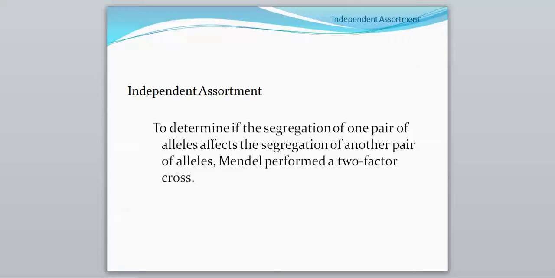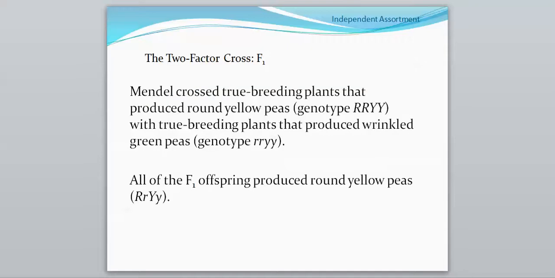So in order to do that, he performed a two-factor cross. We've been looking at one-factor crosses the last couple days, so he did a two-factor cross. Mendel crossed true breeding plants that produced round yellow peas. That's our genotype, big R, big R, big Y, again being true breeding, meaning that they're going to be homozygous.